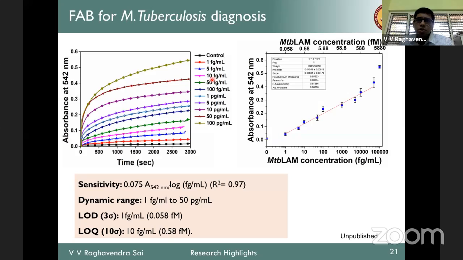We have actually shown that this LAM can be detected down to 1 femtogram per ml. We are happy with this development, and we want to go ahead in this direction so that we will be able to make devices and use them for public good.